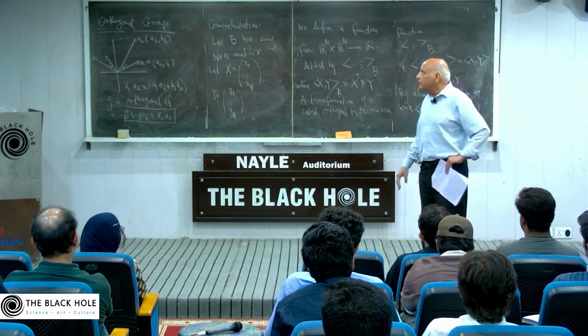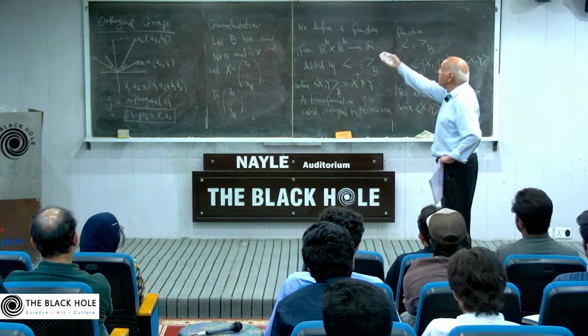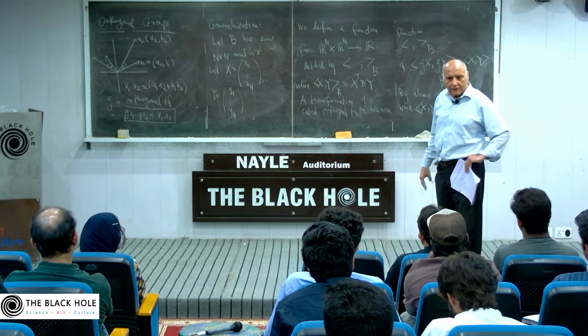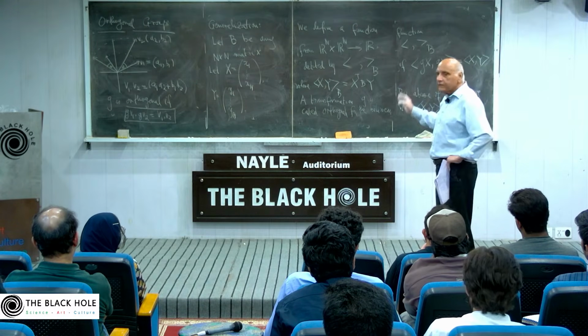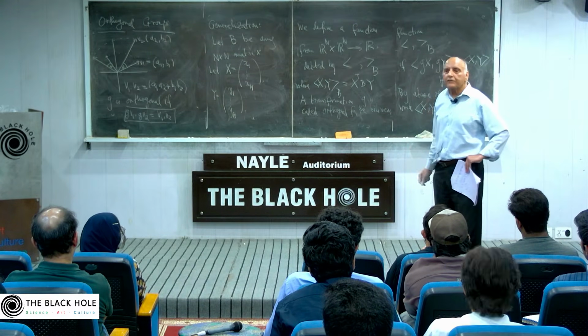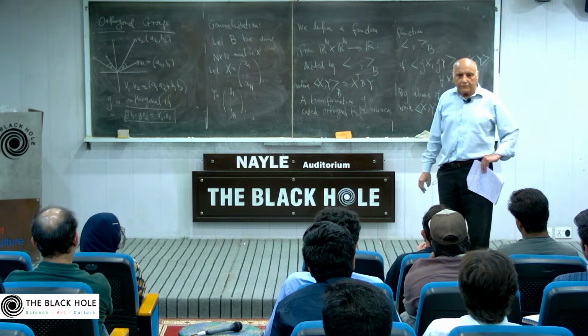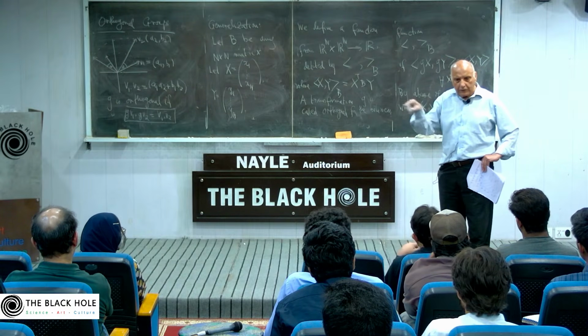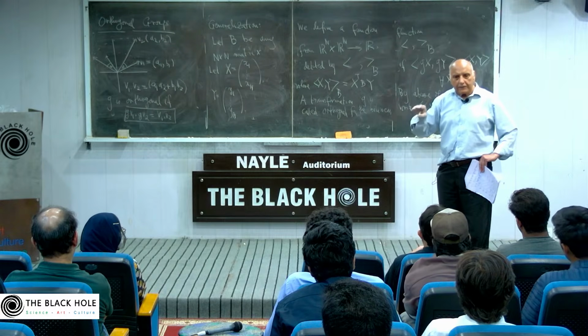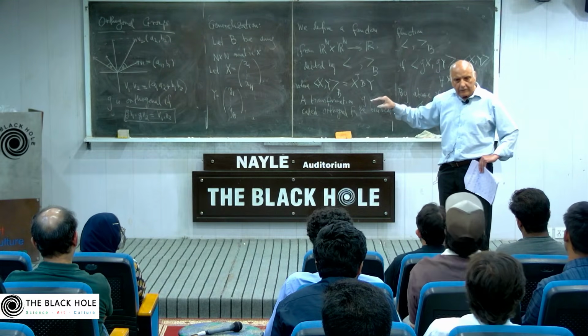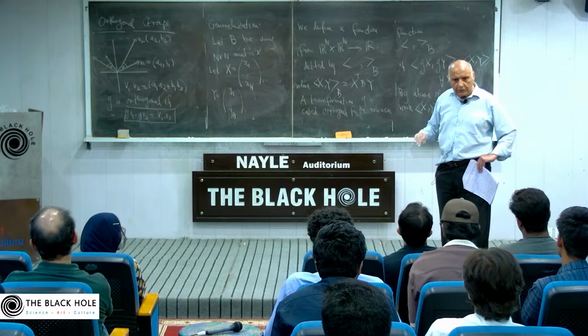Now there was nothing special about that, you could take B to be a complex one, and then you can define an inner product on C2. Z1 Z2 inner product W1 W2 is Z1 W1 conjugate plus Z2 W2 conjugate.